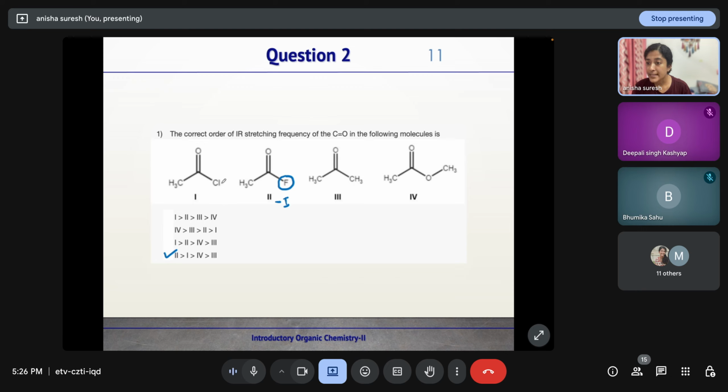Similar is the case with Cl. It is also having a minus I effect. But when we consider the case of CH3, it is having a plus I effect. In the case of OCH3, it is having a minus I effect because of the electronegative nature of oxygen, and it is having a plus R effect like this. Okay.